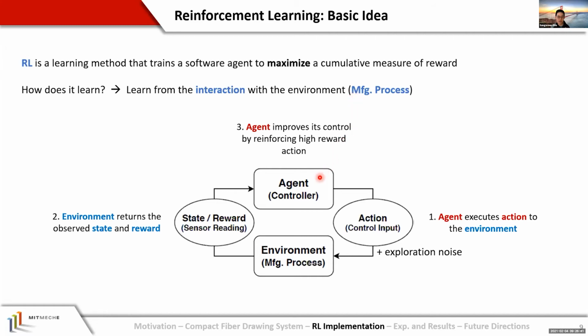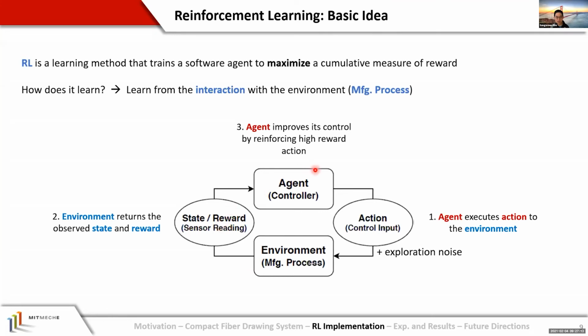Let's say there is an agent, the controller, and the environment, the manufacturing process. First of all, the agent will execute the control actions based on its control policy. Noise is also added to this action to enable exploration for a good action. Then, as a consequence, the environment will be affected and it will return the observed state and the corresponding reward.